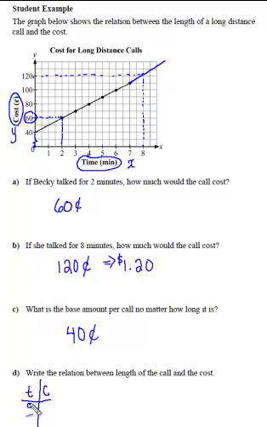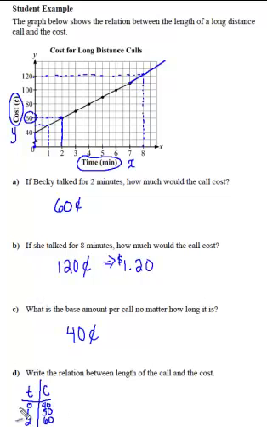Let's put in 0, 1, and 2 minutes. 0 minutes, that call costs 40 cents. We know that. 1 minute, that call costs 50 cents. 2 minutes, that call costs 60 cents.